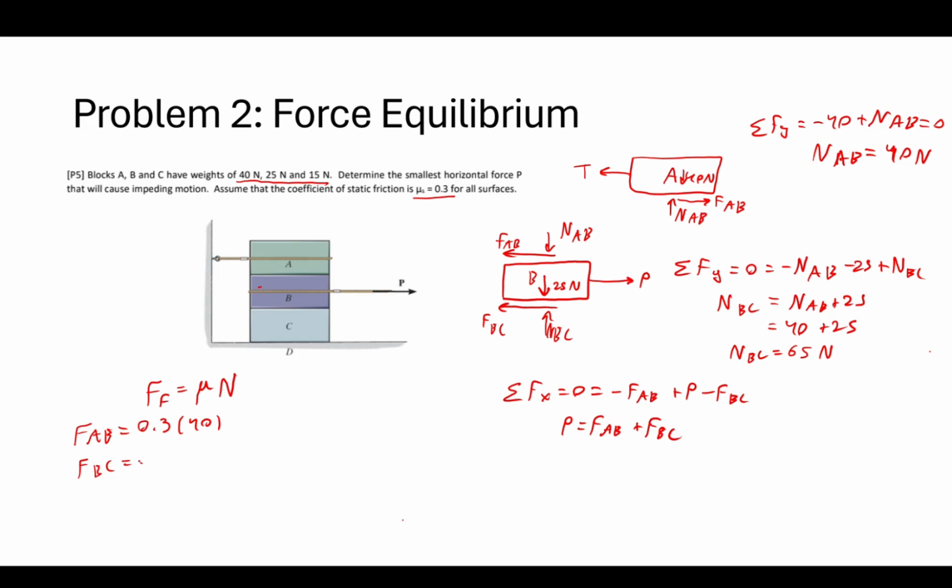Likewise for FBC, FBC is going to be 0.3 times NBC, which we have found to be 65 newtons. Now, if we simply plug that in, we'll get 31.5 newtons for P.